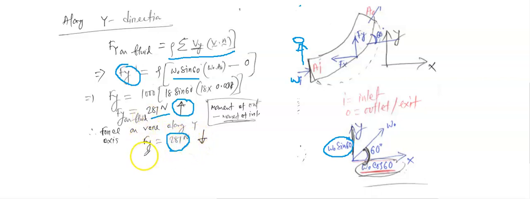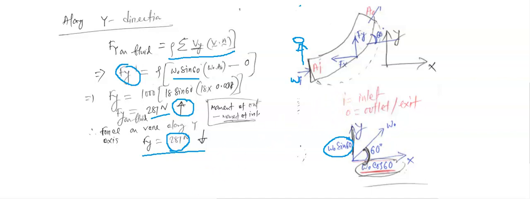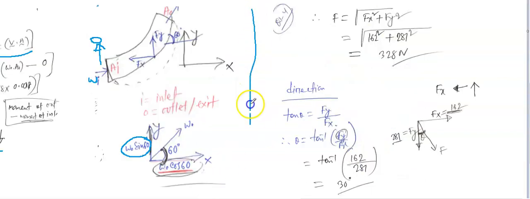Right, so we calculated Fy and we already know Fx is 162. Now we need to calculate the resultant force. The formula is the square root of Fx squared plus Fy squared. This is 162, this is 281, so we got 328. So this is easy, we got the magnitude.